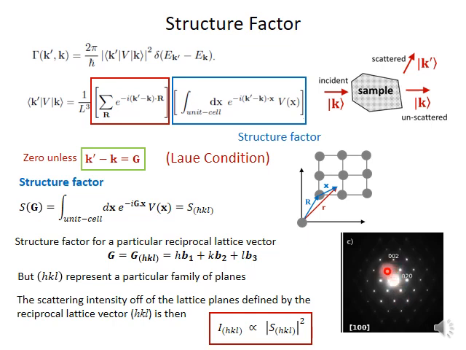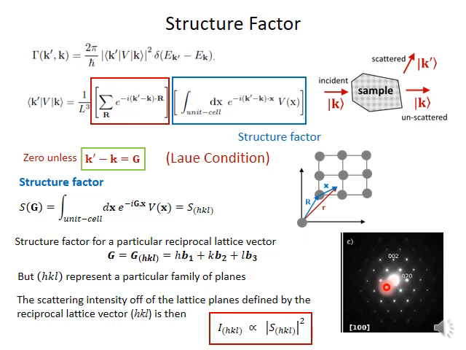For example, this specific point would represent scattering from a certain plane. This would represent scattering from a 0, 0, 2 plane. This would represent scattering from a 0, 2, 0 plane. And that's how you can index the scattering from a crystal.